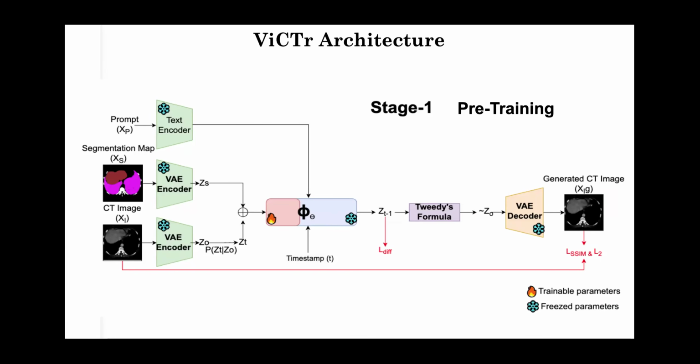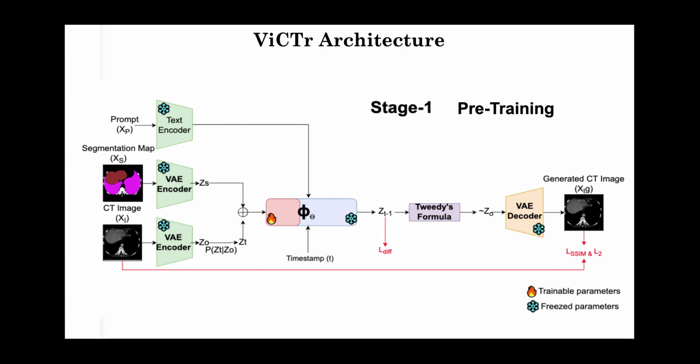So this is our ViCTr architecture. We have used two stages. Stage one is pre-training. Why we use pre-training is that this model is trained on natural images and natural image prompts.